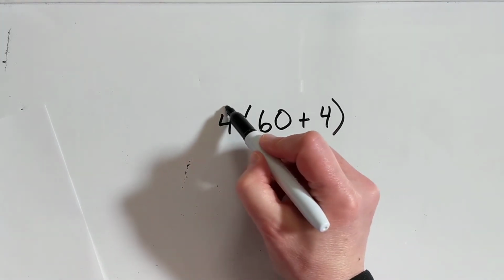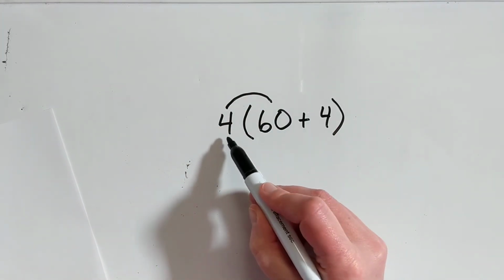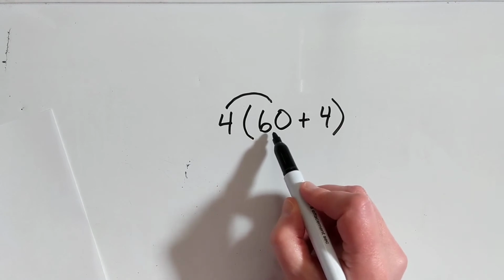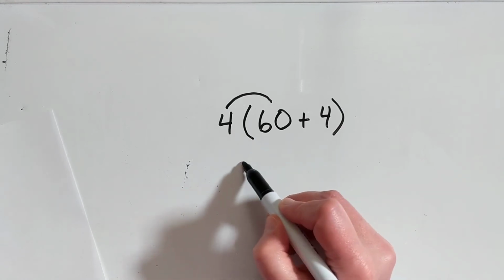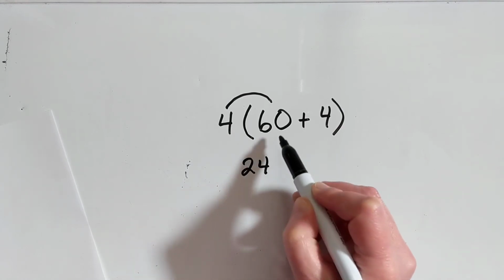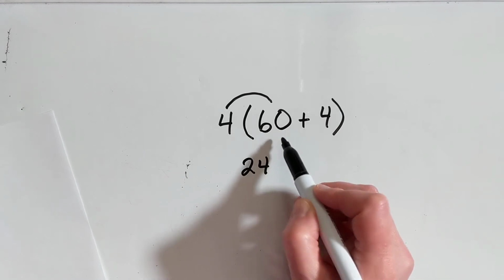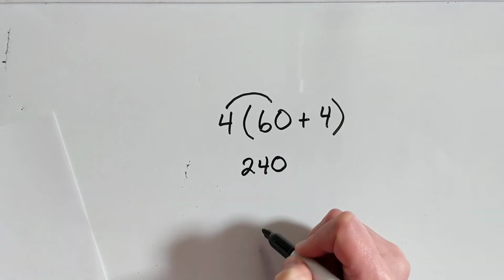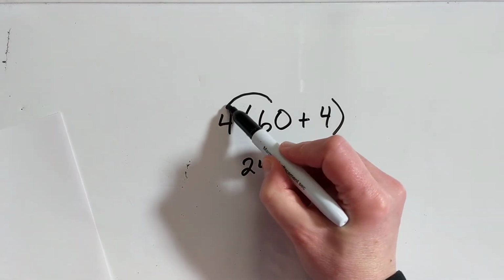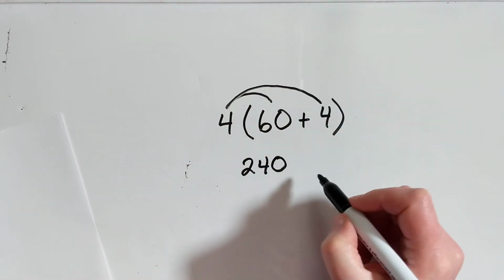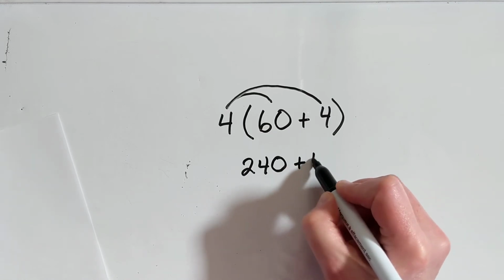Then I multiply. So 4 times 60, I would go 4 times 6 gives me 24, and then because I have the 0 here, I'm multiplying by another 10, which shifts it up. So that's going to be 240. And then 4 times 4 is 16.